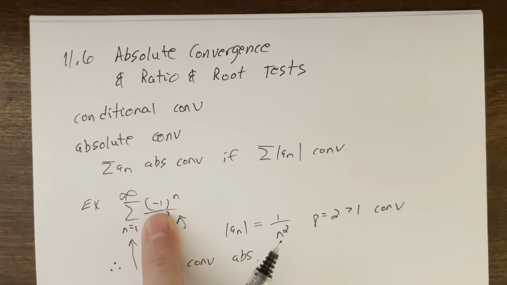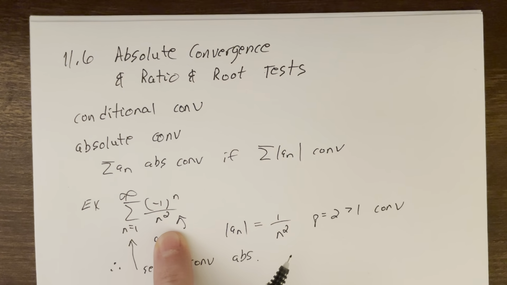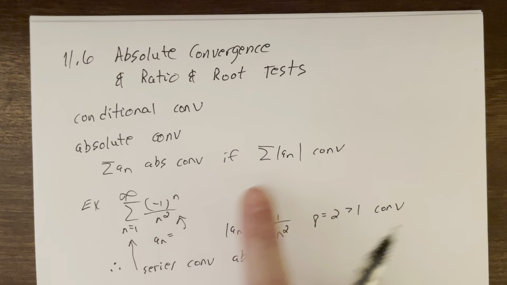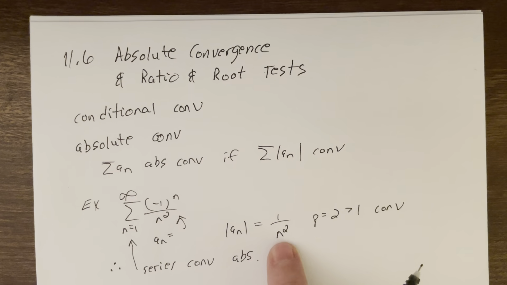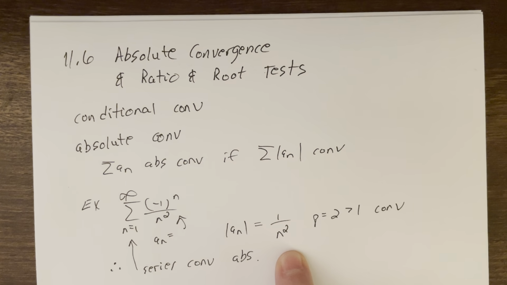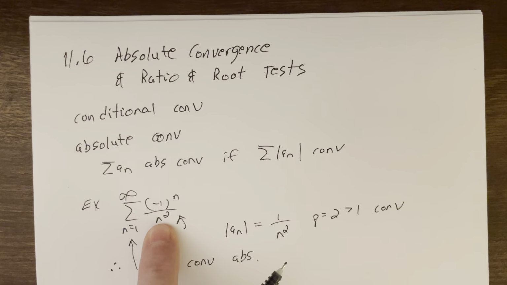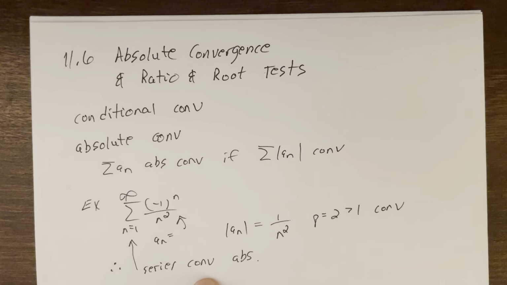I saw a series that does have some negative terms, so by taking the absolute value, it makes a subtle change to the series itself, and then the new series that goes with that sequence would be a convergent series. So therefore, back to the original, this one also converges, and we can conclude that it converges absolutely.